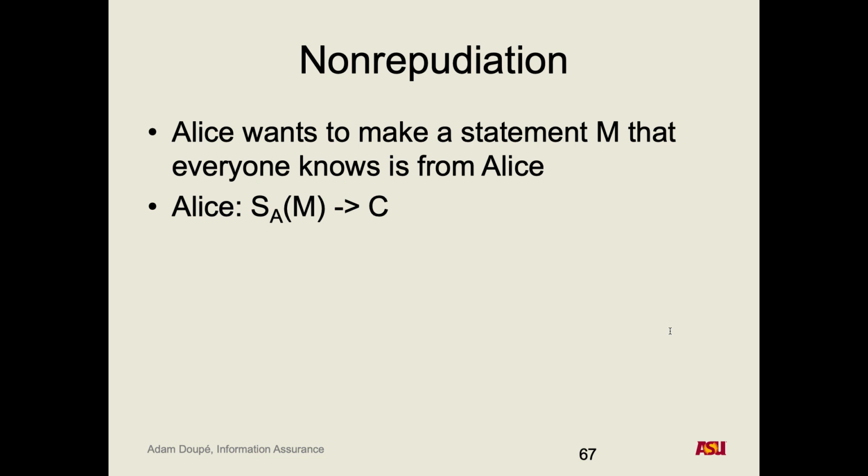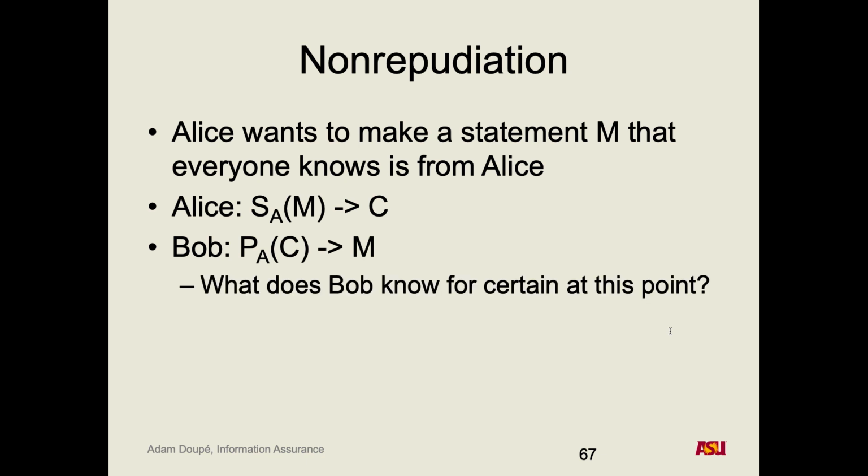And then, how does Bob check, is this statement actually from Alice? Uses her public key. Yeah, it uses Alice's public key to recover the message. And what does Bob know for certain at this point? It's generated by Alice. Yeah, Bob knows that Alice must have generated this message M, or somebody who has Alice's secret key. We assume secret keys are secret, so he only knows that. What does Eve know?